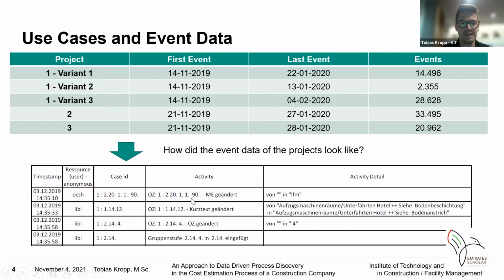We have a case ID and an activity. The activity says what kind of action took place, and the case ID connects the activity with a case. One case is one building part, for example a window or the floor, or it could be walls in the first floor of the building. And then we have more detailed information as well. So this was the data we got.